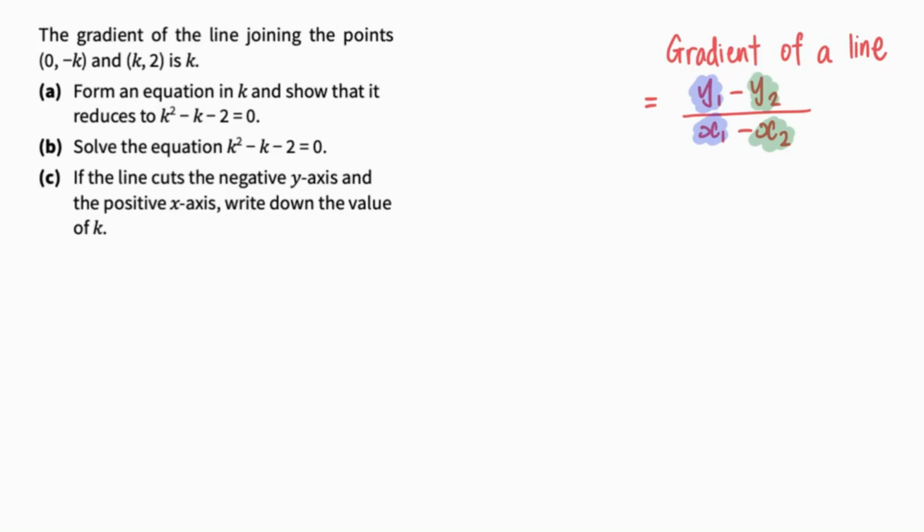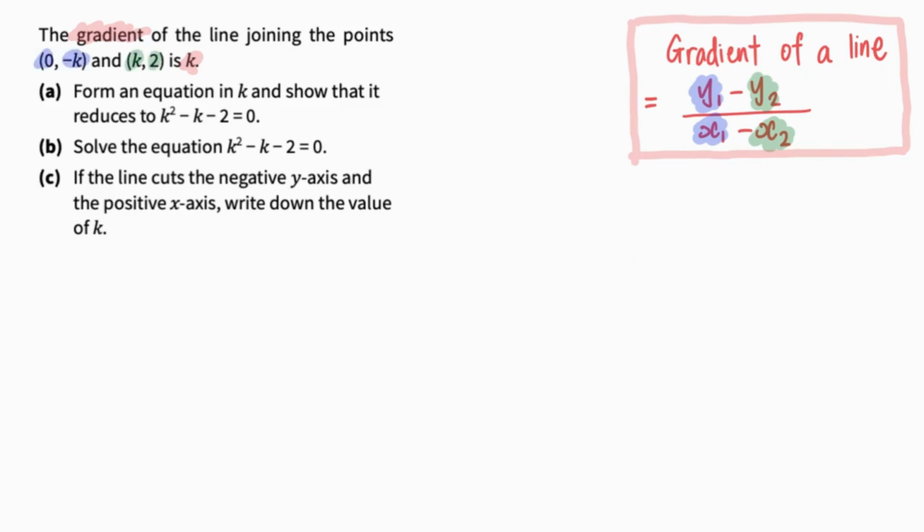Hello everyone, welcome to this video where we are given that the gradient of 2 points is k, okay? And therefore, at the back of my mind, at the right hand side of this video, you will see this formula for gradient of a line. And I also have the two coordinates here, x1, y1, x2, y2.